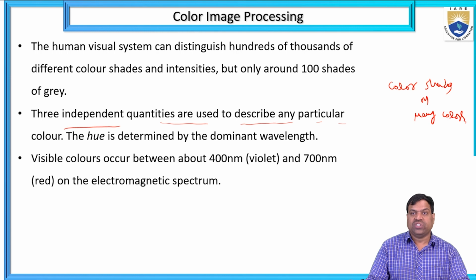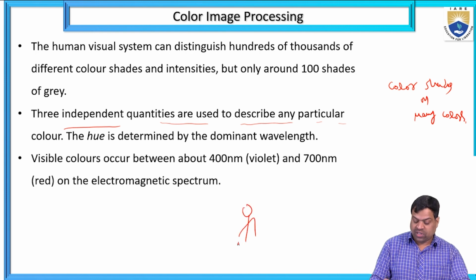The hue is determined by the dominant wavelength. For the human visual system in a color image, the dominant wavelength is the hue.